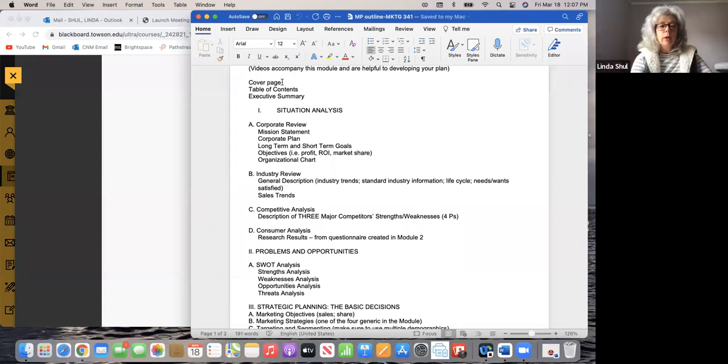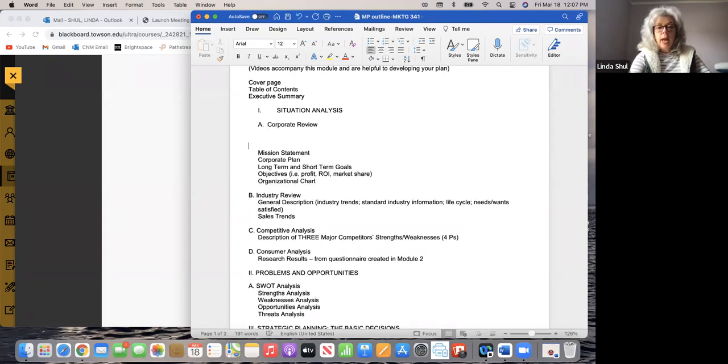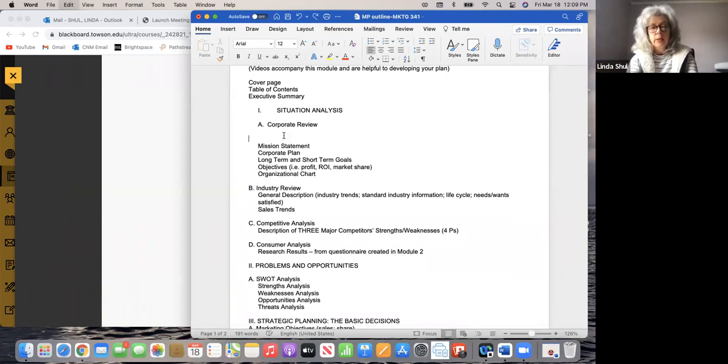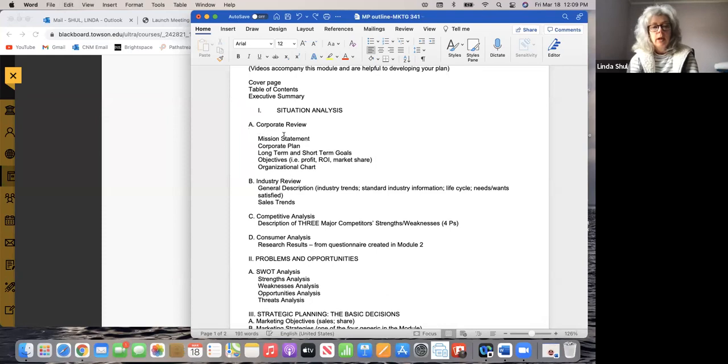Add a page for the cover page, a page for table of contents, a page for the executive summary, and then drop this outline into your Word document. So you already have it in there, and then you have it in the right font, the right font size, and then all you have to do is put space in and then add your corporate review.